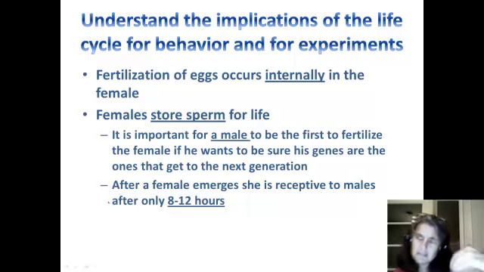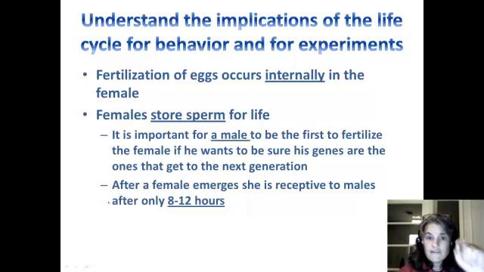And then for the nuts and bolts of actually handling the flies, when a female emerges from that cocoon, that pupal state, she's not receptive to males yet. She has to mature. That takes about 8 hours. So 8 hours after a female fly emerges from a pupa, she will be ready to mate.